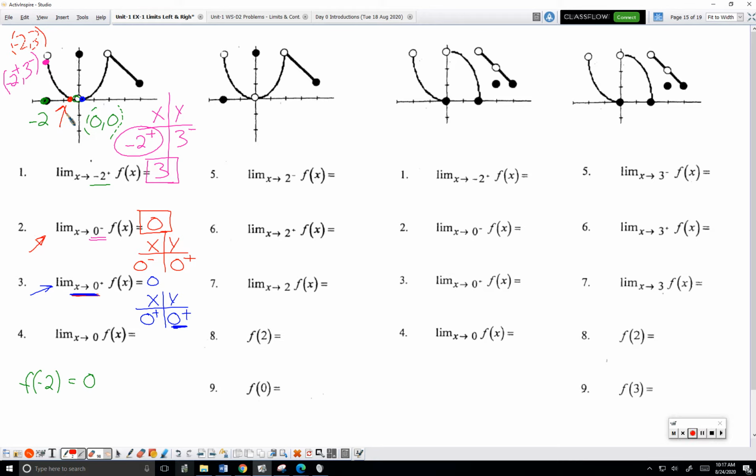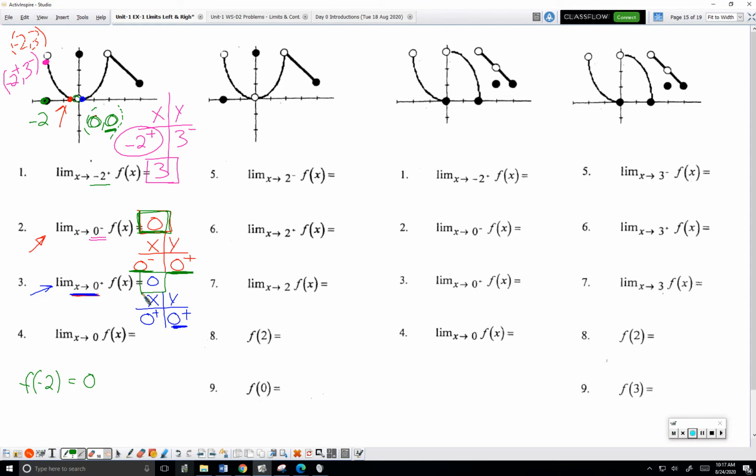I am not looking at the open circle, because the open circle is again located at 0, 0. I don't want to look there, that's the wrong spot. So I'm not looking here. So this answer of 0 does not come from this 0. This answer of 0 comes from the fact that as x gets close to 0 from the left, the y-coordinate's getting very close to 0 itself.